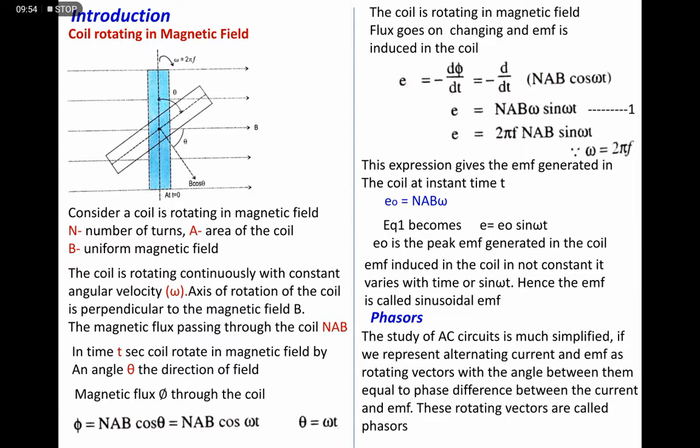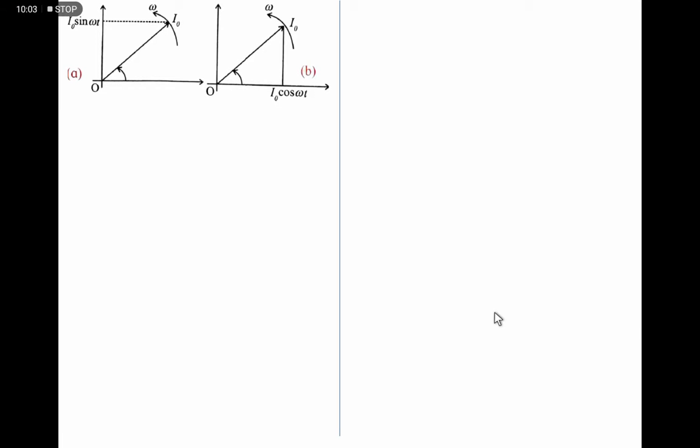Diagrams: sine of omega t, phase diagram for current, and phase diagram for this EMF. Here it should be E naught cos of omega t, and this should be I0 sine of omega t.